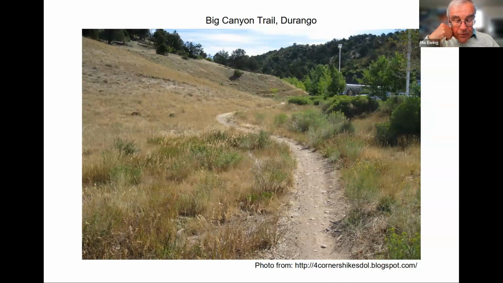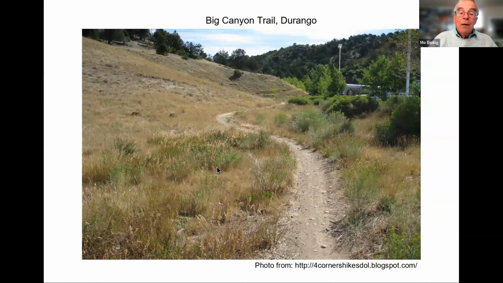It's part of the Grandview Ridge Trail system. Its access point is from Durango Highway 550 to Dominguez Drive near Walmart. It's 1.6 miles long, and it's a big mountain biking area. So if you go there, pay attention so you don't get killed by some crazy biker coming down at a million miles an hour.